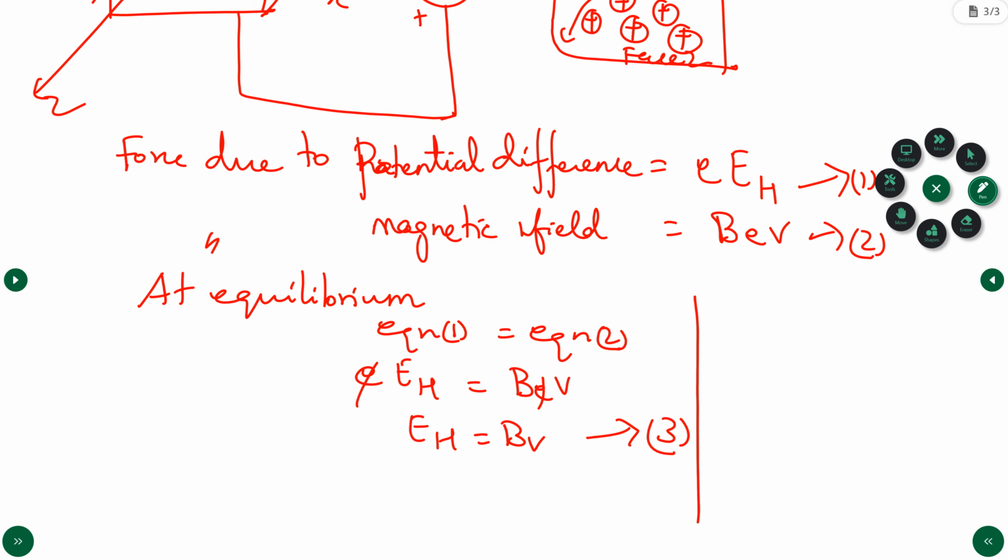And tell me students, what will be the next step? E_H is equal to B into Jx into R_H. Okay. So here this R_H, the Hall coefficient, is R_H is equal to 1 by N_H e.